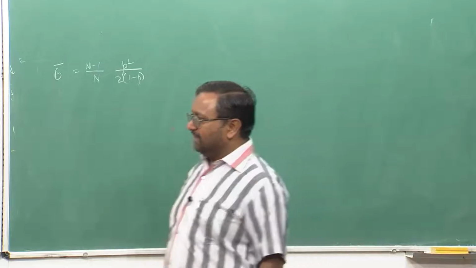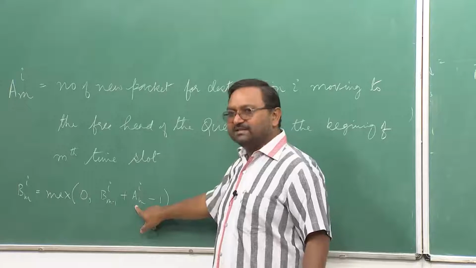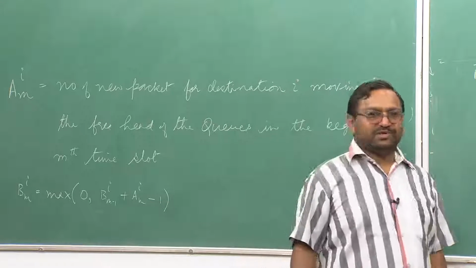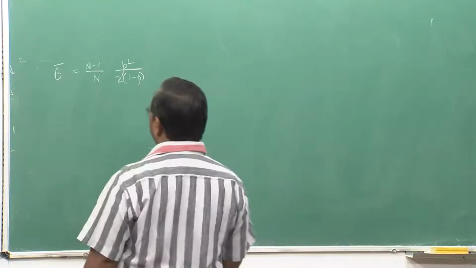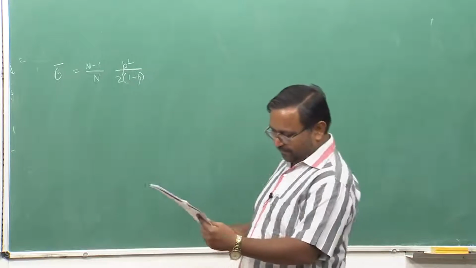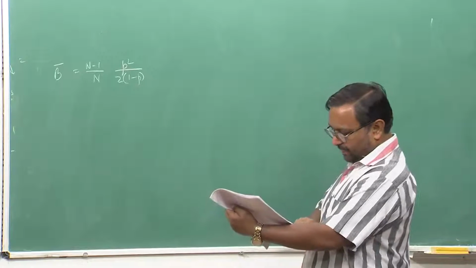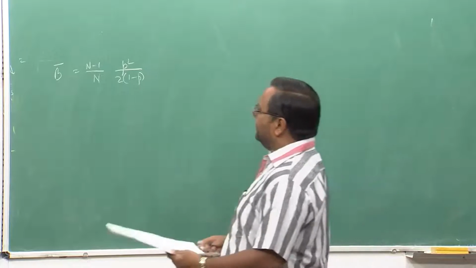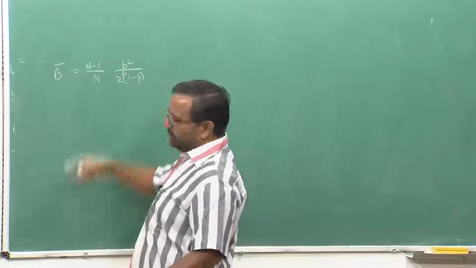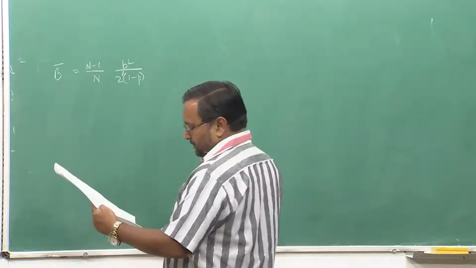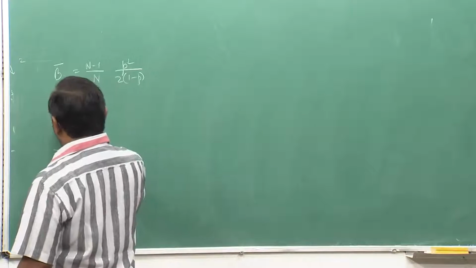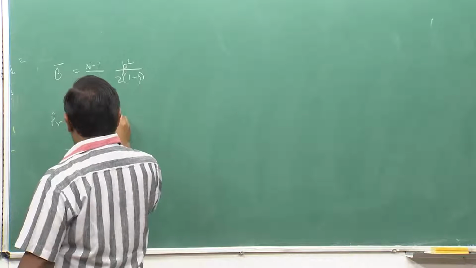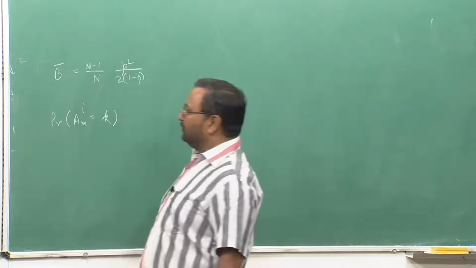So that essentially will depend on this statistics. We will find out what statistics has to be used here. So what is p and what is n, that we need to identify, and especially when n goes to infinity, you will only have this particular thing. So we also have to look into the probability that AMI is equal to k.